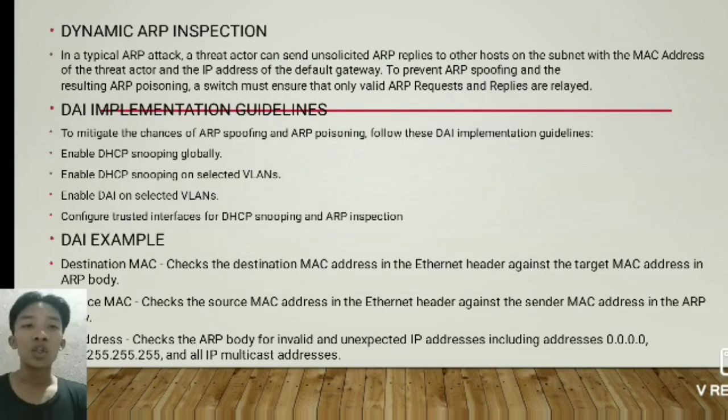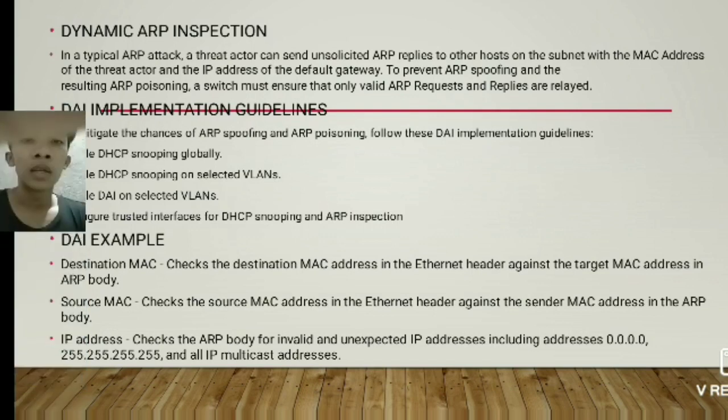1. Destination MAC: checks the destination MAC address in the Ethernet header against the target MAC address in the ARP body. 2. Source MAC: checks the source MAC address in the Ethernet header against the sender MAC address in the ARP body. 3.